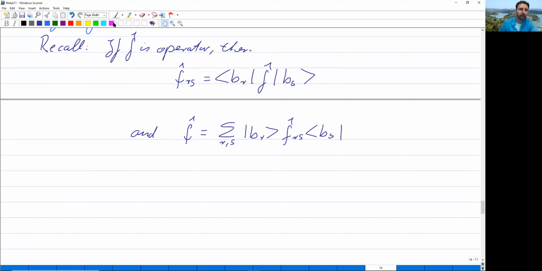Now, we are interested here in change of basis maps. The f hat is an arbitrary map. Now we look specifically at a change of basis map.